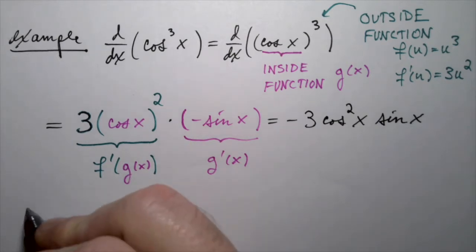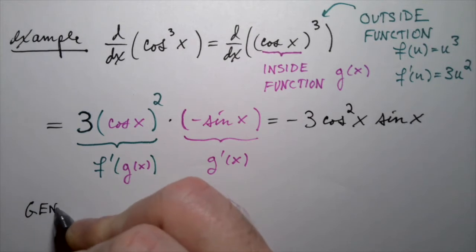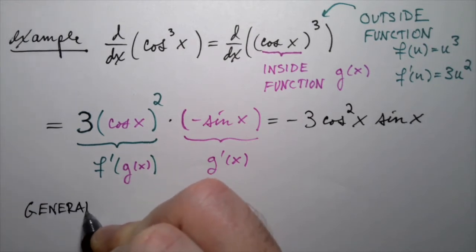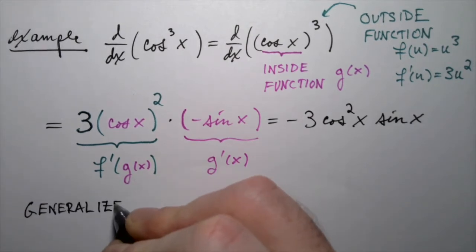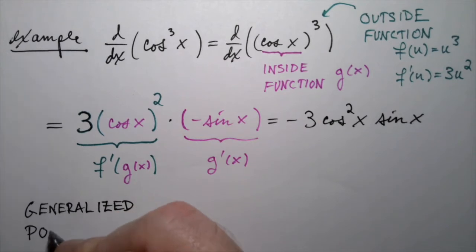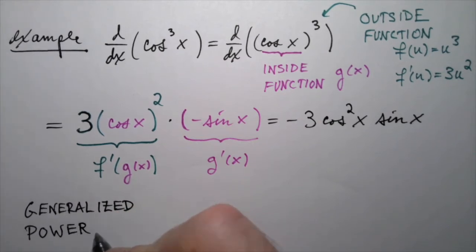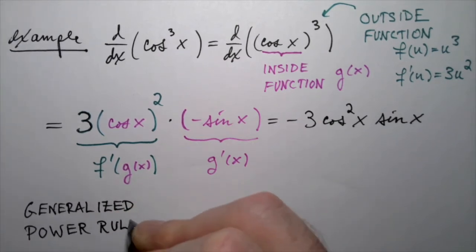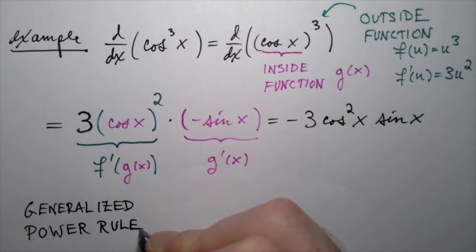And now this is a general pattern actually in this example. This is called the generalized power rule. We're seeing it in action here. It's the power rule combined with the chain rule. So what do I mean here?